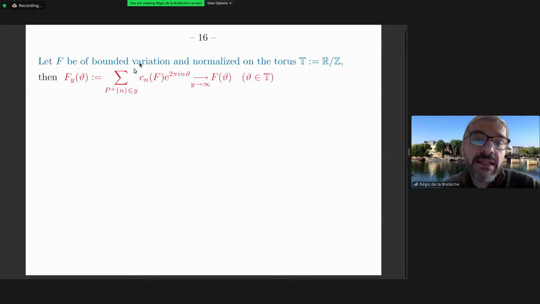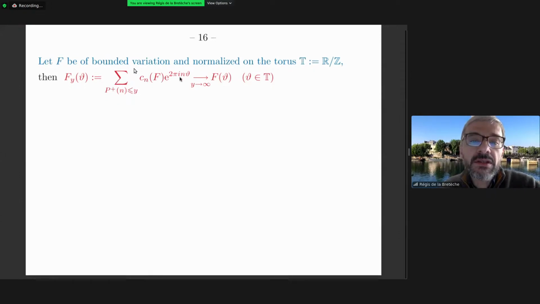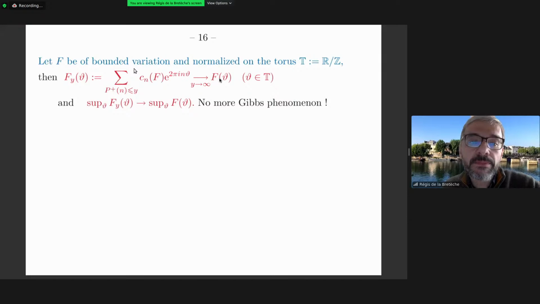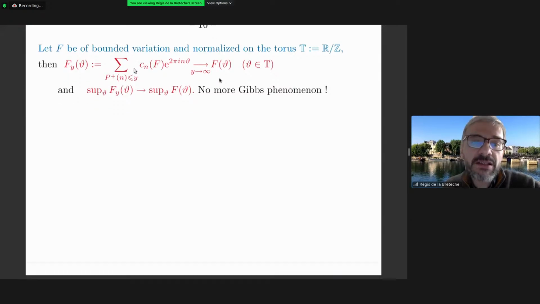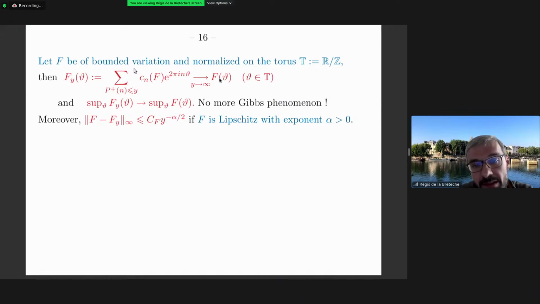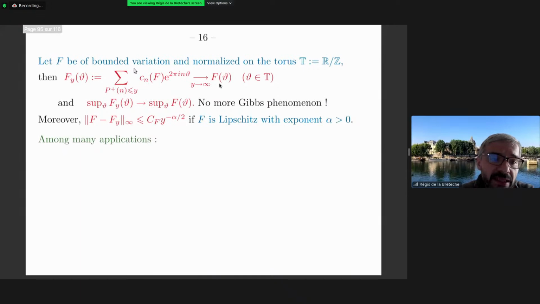So I take here a one-periodic function, and we have the convergence, but without the Gibbs phenomenon. So it's a nice result. And we also have an upper bound for the convergence if we assume that capital F is Lipschitz with exponent alpha. So there are many applications.